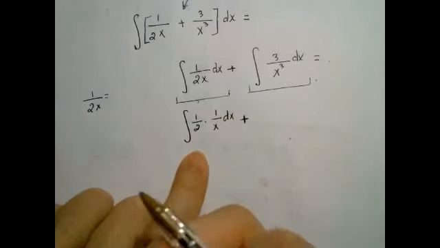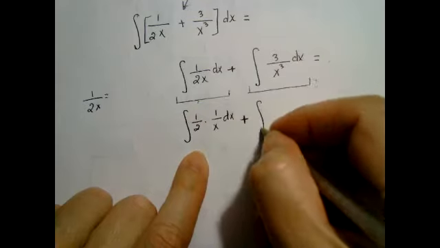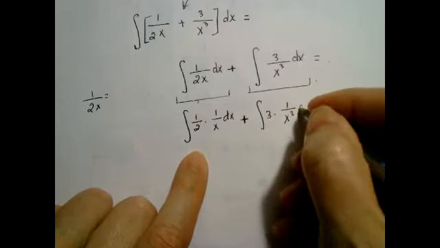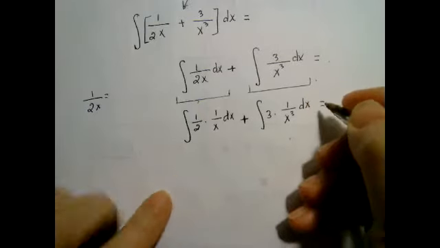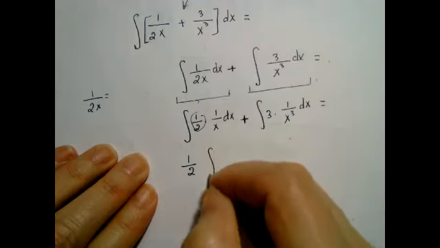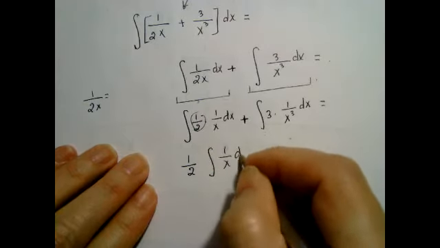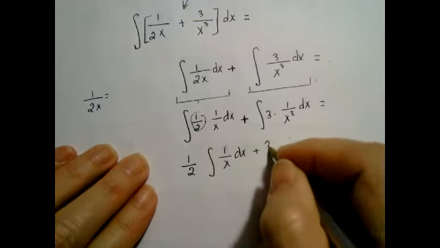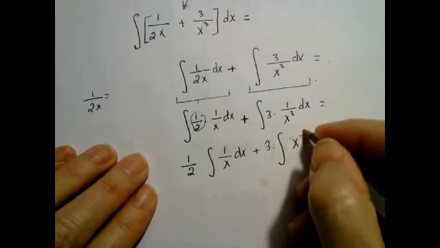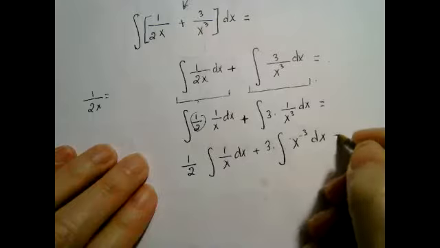So we isolate the constant. This is 3 times 1 over x cubed dx. So I'm doing my best to isolate the constant. This is a constant. It becomes a half integral of 1 over x dx. And that becomes 3 integral of 1 over x cubed, which has to be rewritten as x to the minus 3.